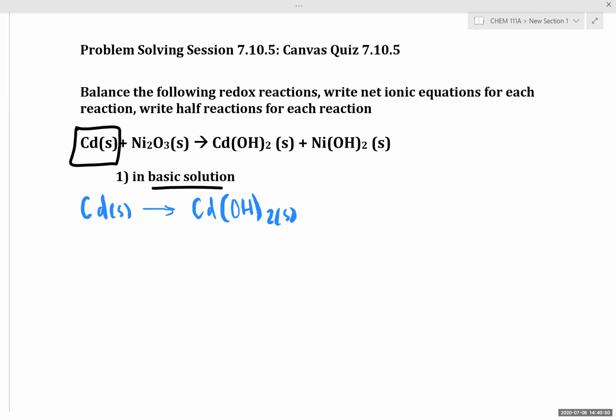And looking in the chat, the electron counting looks, is that -2? I guess that's one way of thinking about it. Yes, the cadmium does lose electrons, but in terms of chemical equations, make sure to put the electrons lost on the product side and electrons gained on the reactant side.